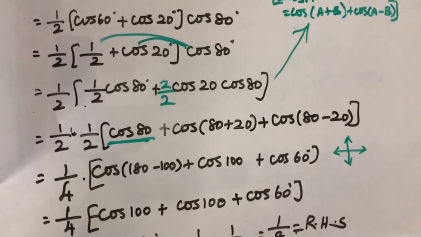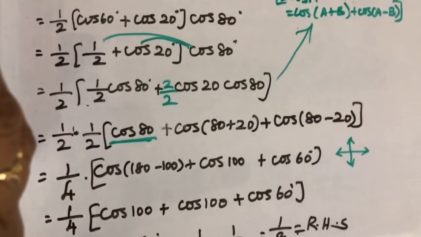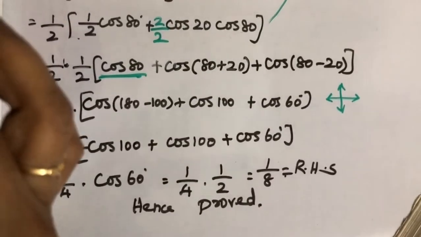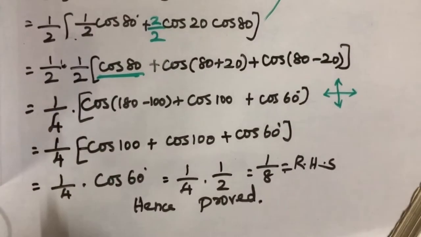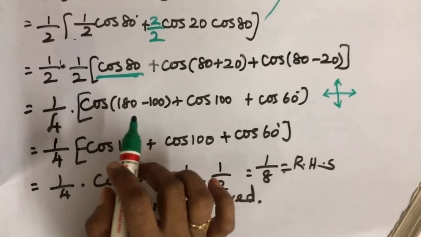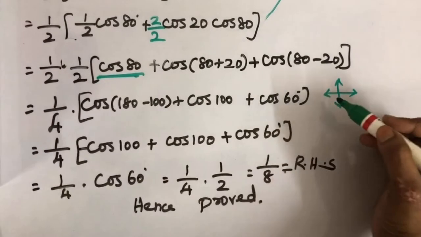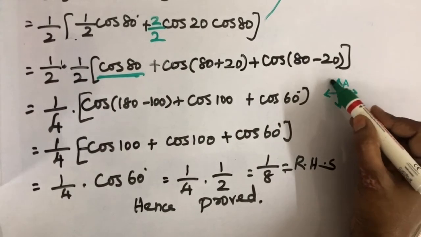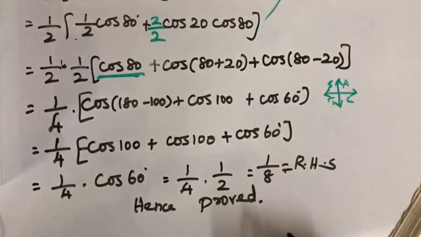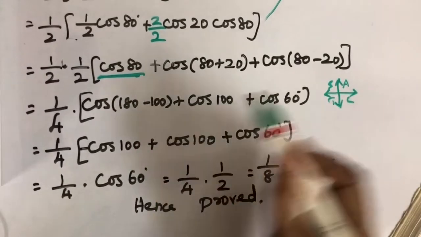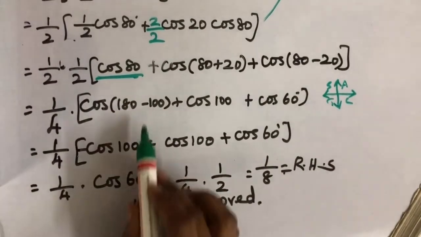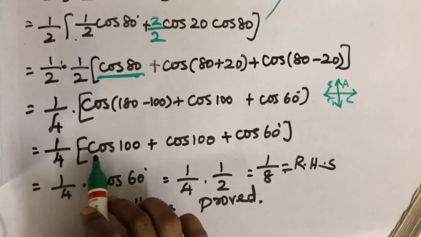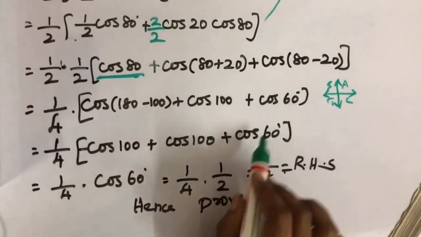But 180 minus 100 means the second quadrant. In the second quadrant, only sin is positive, not cos, isn't it? So it is minus cos 100. Do you understand why minus comes? So minus cos 100 plus cos 100 plus cos 60.